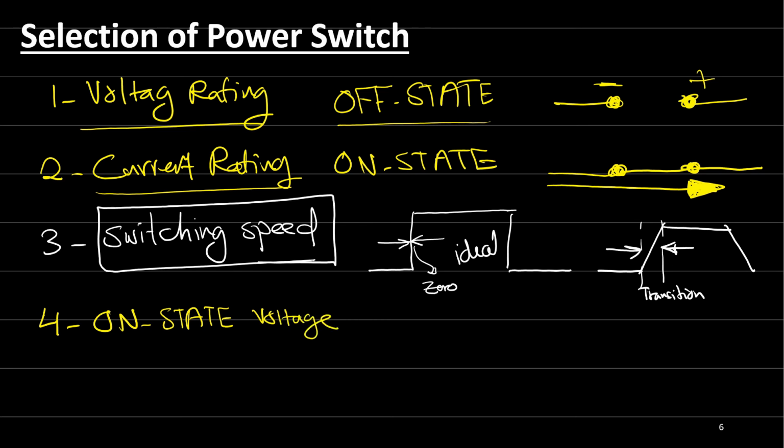And you know that when the switch is on, we say this is wire, but wire means 0 volt, but this is not the case in reality. We have small voltage. If this voltage becomes larger and larger, then we will face more problems. So the on-state voltage is the voltage drop across the switch during the on state.